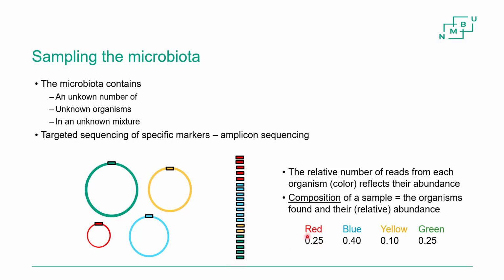So we assume that our community contains around 25% of red, and 40% blue, only 10% yellow, and so on. So these relative abundances here, 2 out of 20, right? 0.1. That's the reason for these numbers. And notice they sum to 1, right?